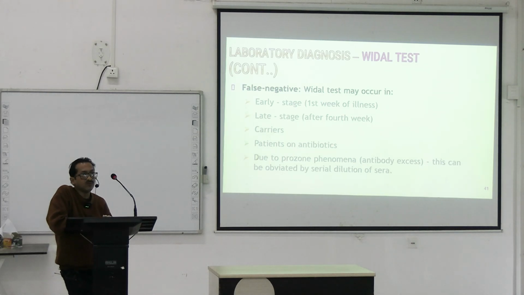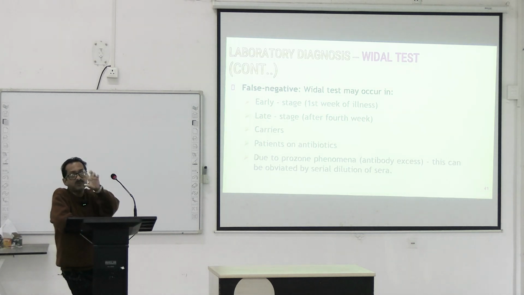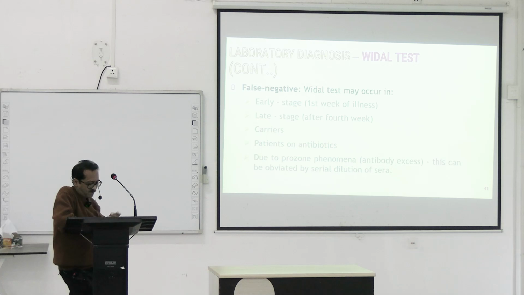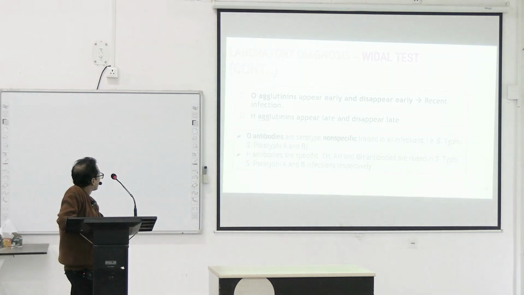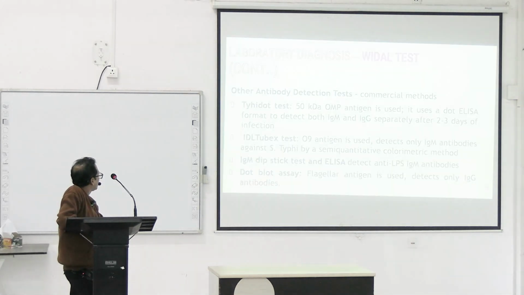And how will you correct the prozone phenomena? Any idea how will you correct the prozone phenomena? Prozone phenomena means antibody excess. So you have to dilute the serum to decrease the antibody concentration. If you dilute the serum, it will become positive. Already this is discussed.